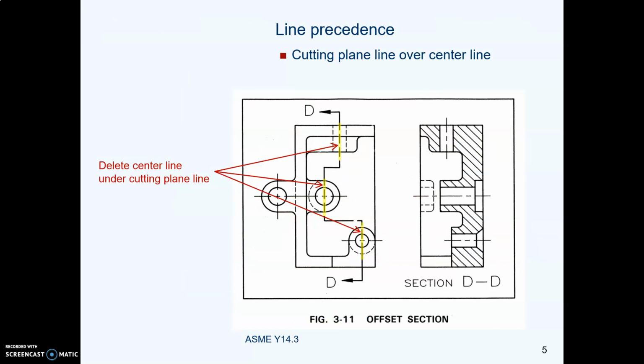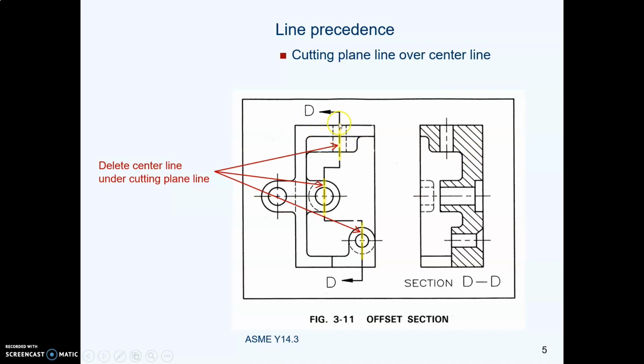We saw in an earlier lecture that ASME has an order of precedence for the line types. Object takes precedence over hidden and so forth. And we also saw that cutting plane line takes precedence over center line. And here's where that becomes relevant.